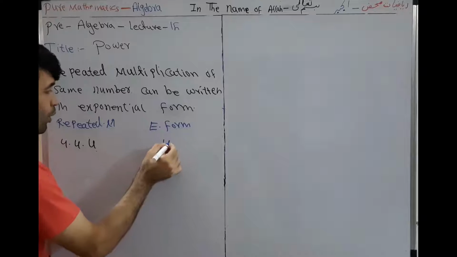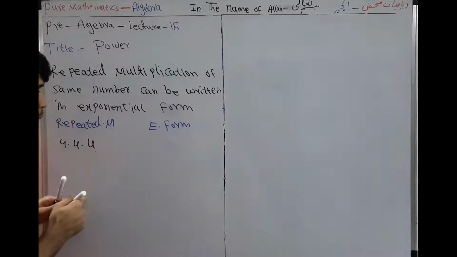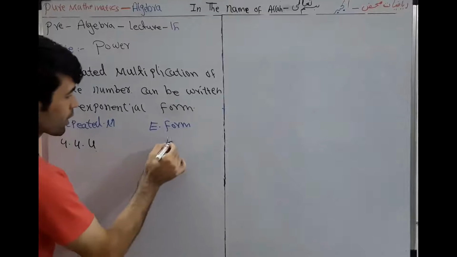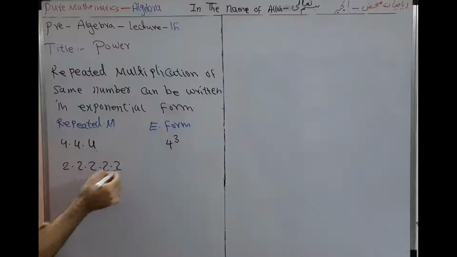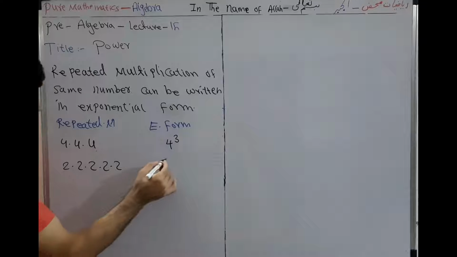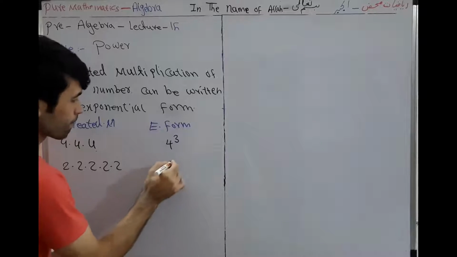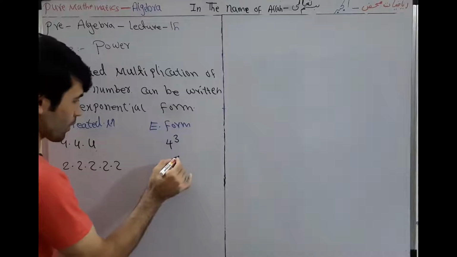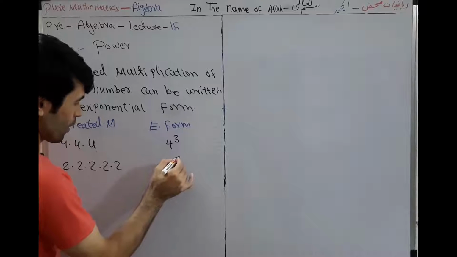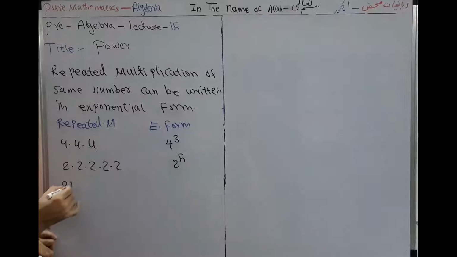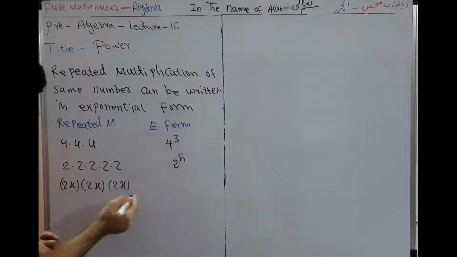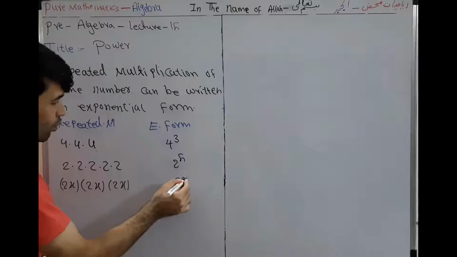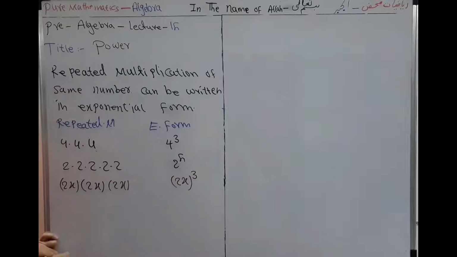We can write 4 to the power 3. 2 into 2, the same number multiplied 5 times, is 2 to the power 5. 2x into 2x into 2x is equal to, in exponential form, 2x whole to the power 3.